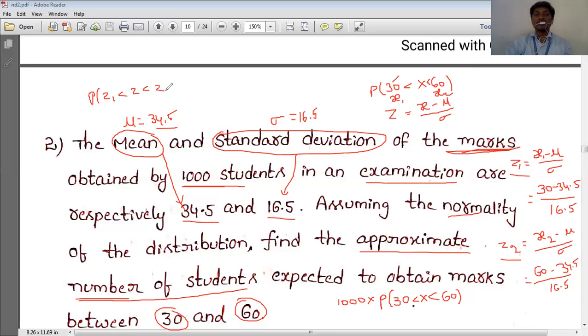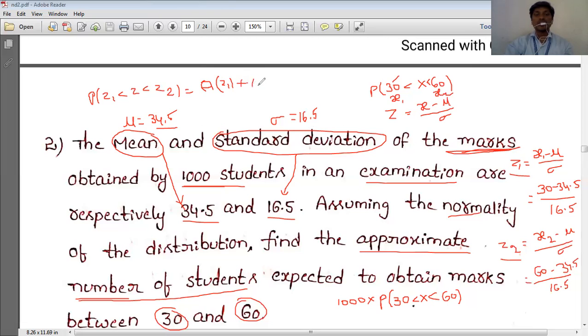So we are converting into Z distribution, and based on the values, we have the already property curves formulas. Here for Z1, obviously by seeing 30 minus 34.5, we will get negative. So one is negative, another one will get positive. It means the formula we are using, when one is positive and another one is negative, is area of Z1 plus area of Z2.